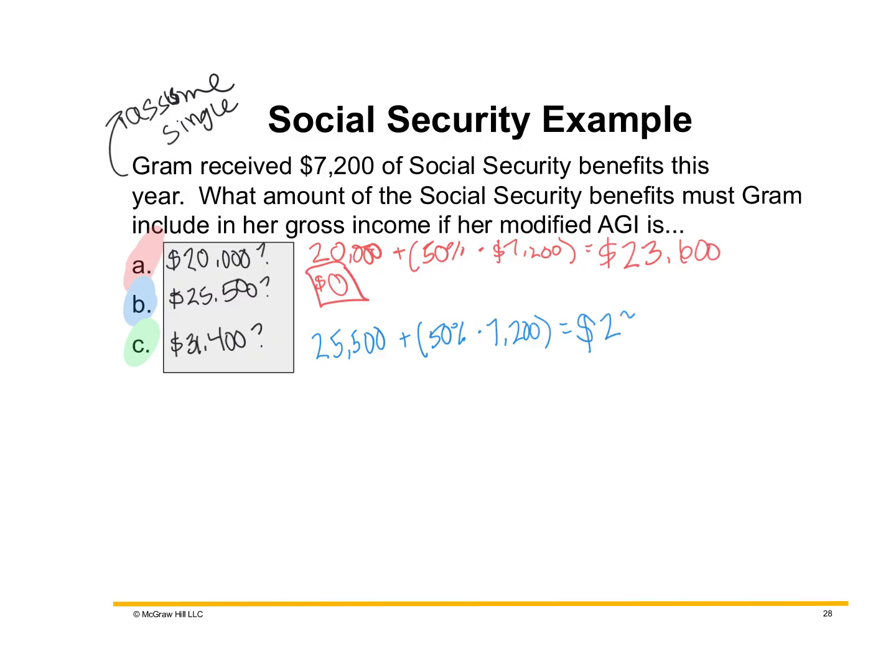So 29,100. Now when we take that number and look at our options, we see that it is between 25,000 and 34,000. So we will have to use option 2 for calculating the taxable Social Security benefits.